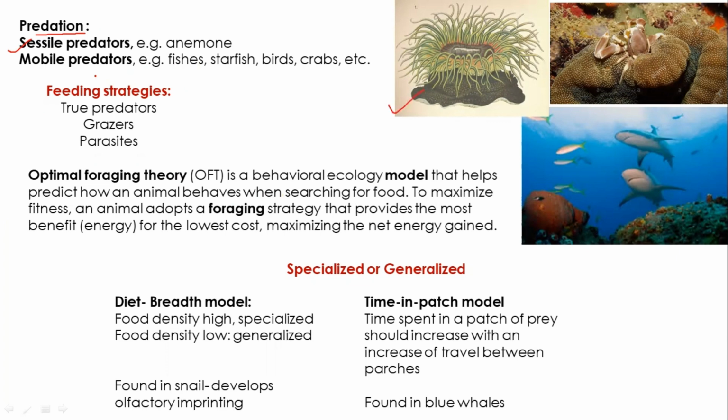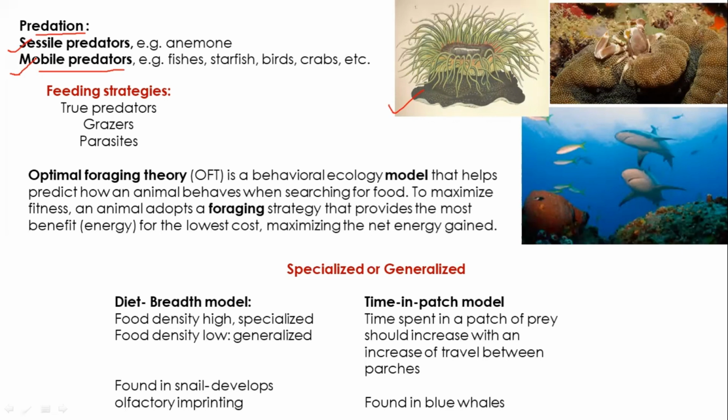Now the second group of organisms are mobile in nature. It means they can move from one location to another, and those predators are called mobile predators. Since we are talking in terms of predation, these organisms are mobile predators, and those fixed at one location are sessile predators.